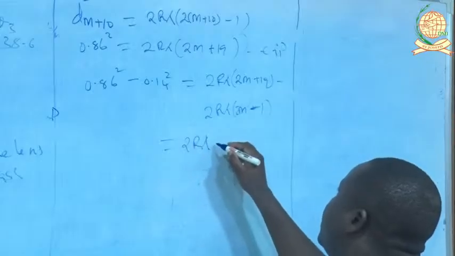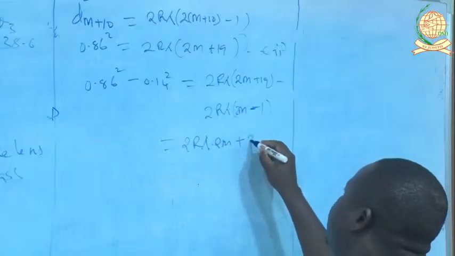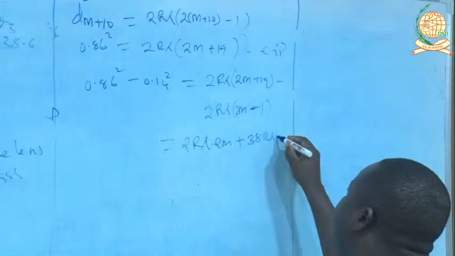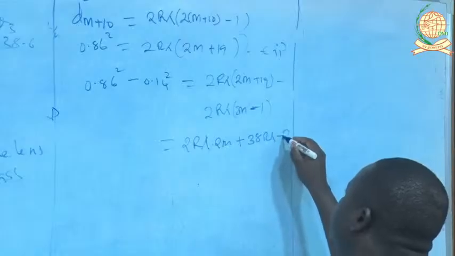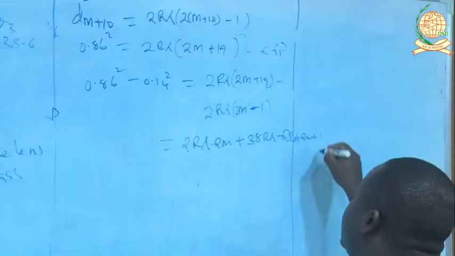So if you subtract this, you get 2r lambda times 2m plus 38 r lambda minus 2r lambda times 2m plus 1.